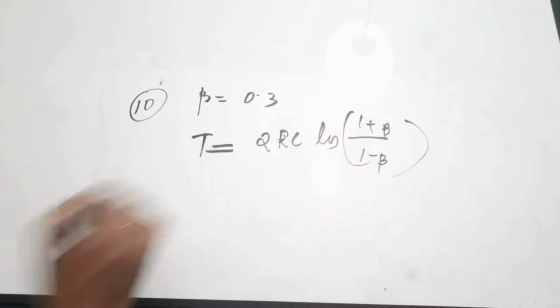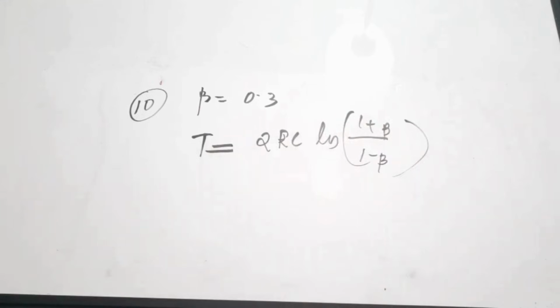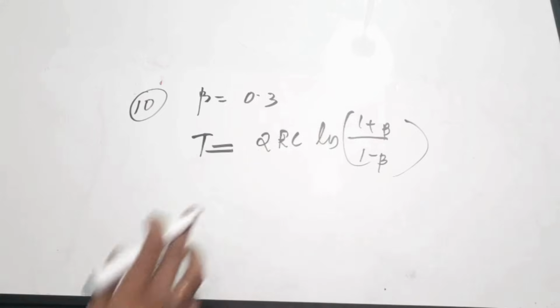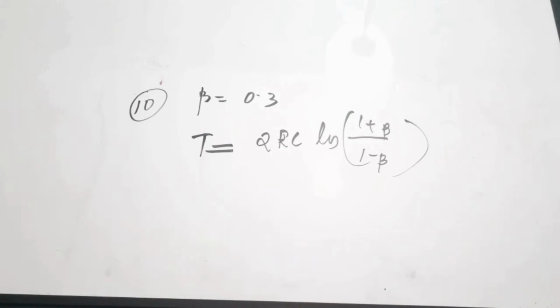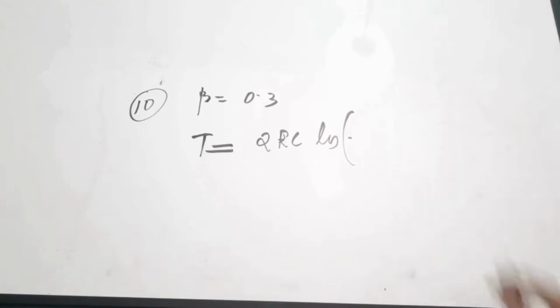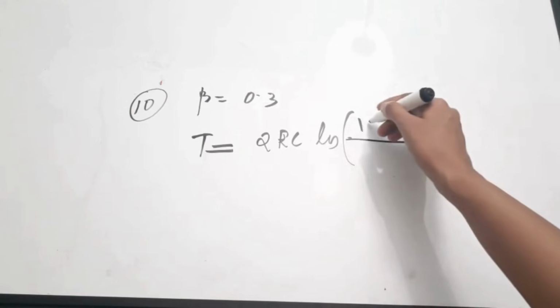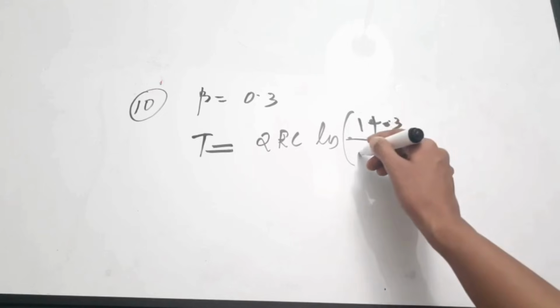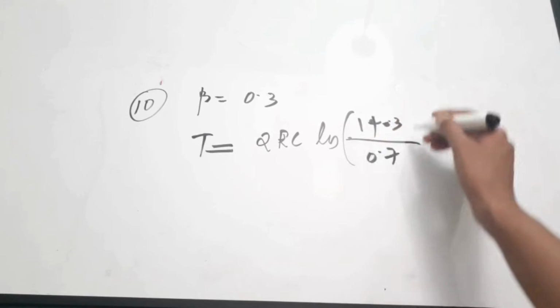This is the equation for the time period of an astable multivibrator. So 2RC ln (1 plus beta) by (1 minus beta). What is beta? Beta equal to 0.3. So it will be ln (1 plus 0.3) by 0.7, since 1 minus 0.3 is 0.7.